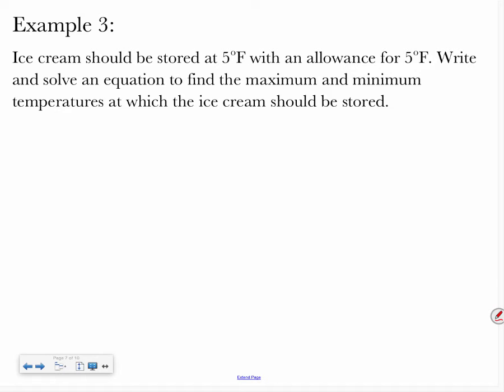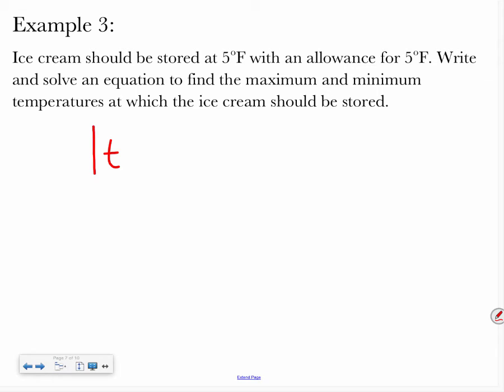So let's start there. We have a temperature, right? So let's use T. And it should be stored at 5 degrees, and it can vary 5 degrees.